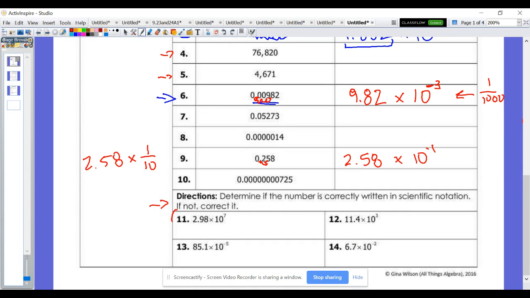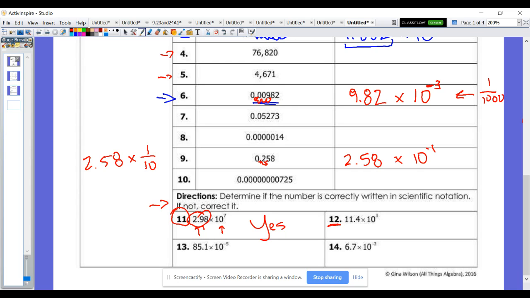If I look at number 11, we want to see if those rules are being followed. So I want to look at this part first, and that's good. That number's between 1 and 10. And this one, there's really no rhyme or reason to what that has to be, as long as this first part is correct. So for this one, I would say yes, it's correctly written in scientific notation.